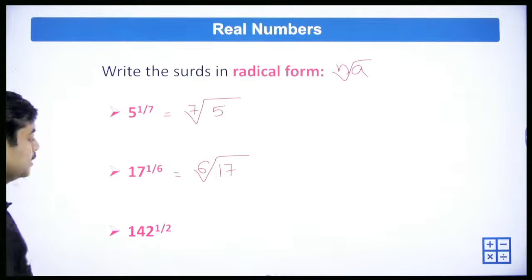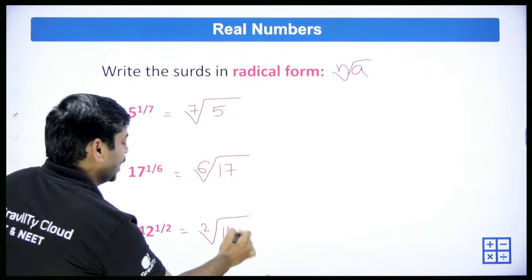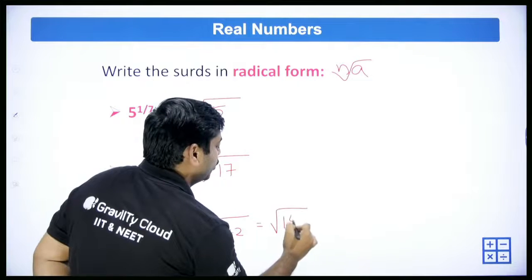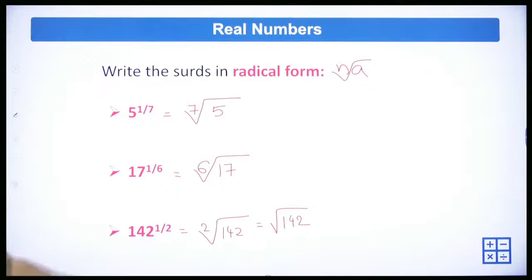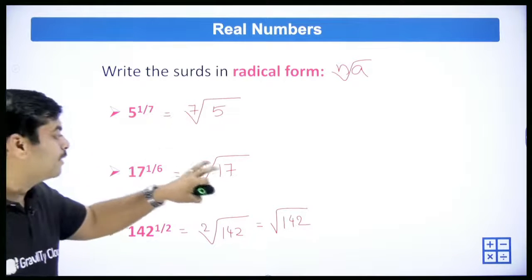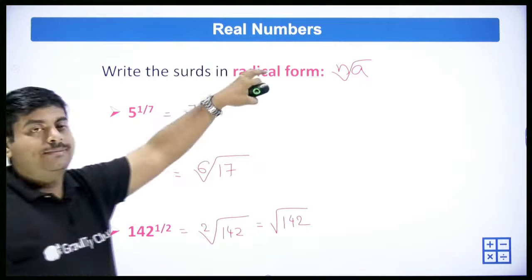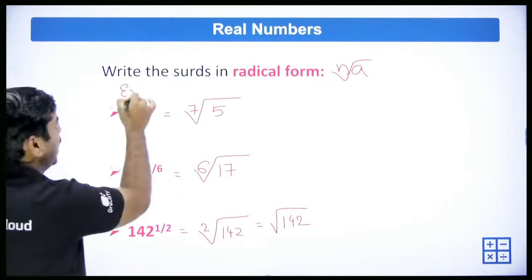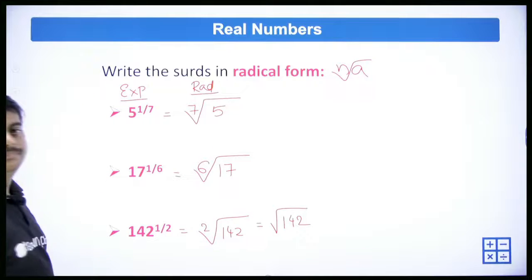This is 1 by 2, which is square root of 142. You can write this 2 or no need. So it is simply root 142. Right? 7th root of 5, 6th root of 17, root 142. That is how you can express that in the radical form. This is in exponential form, and this is in radical form.